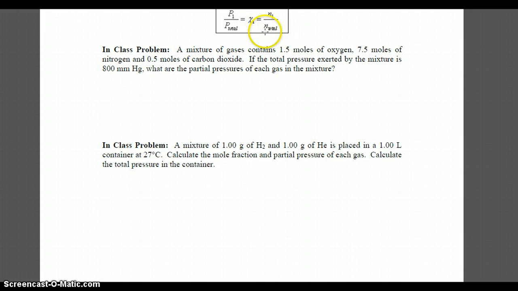You can add them all together to figure out N total, and then you know what the total pressure is. So you want to solve for P1 for each of the gases individually. Take a moment to do that, and pause the screencast.